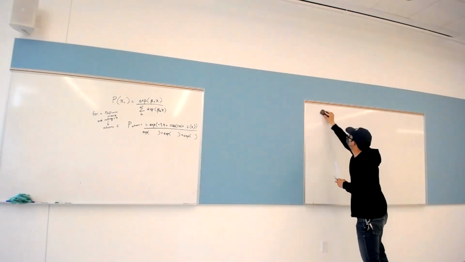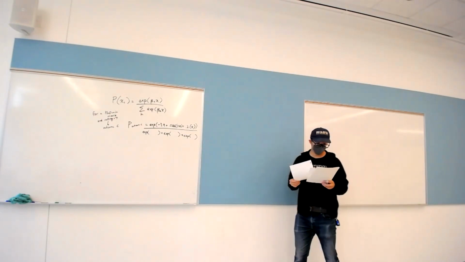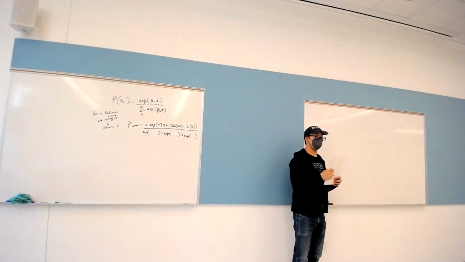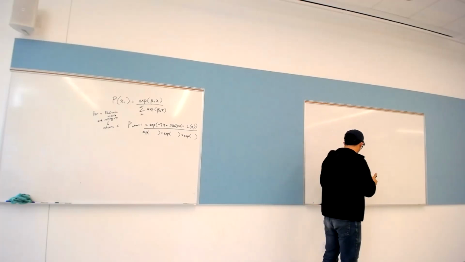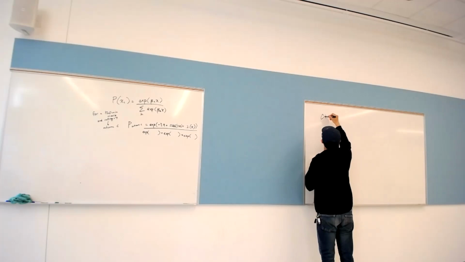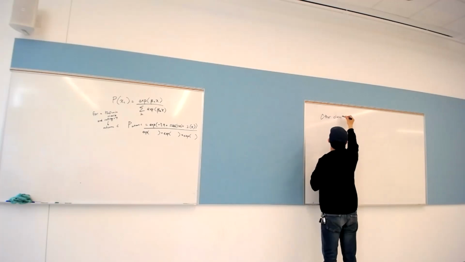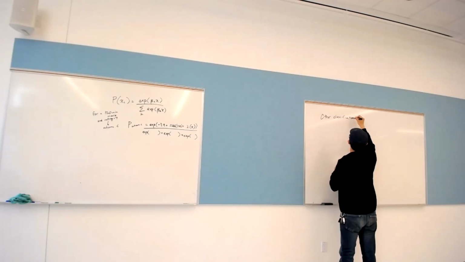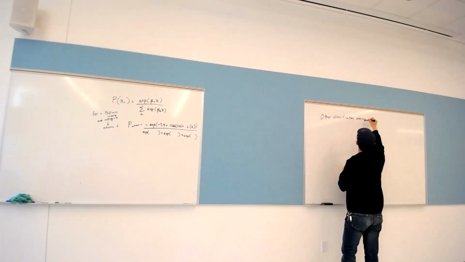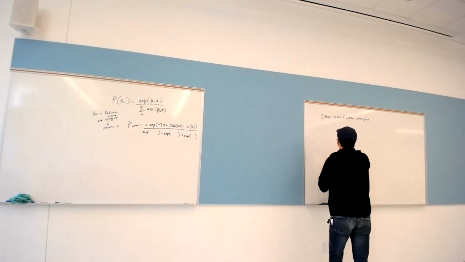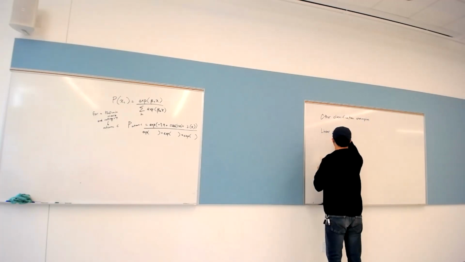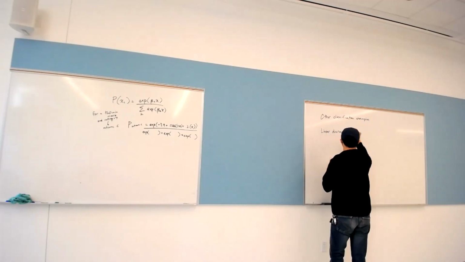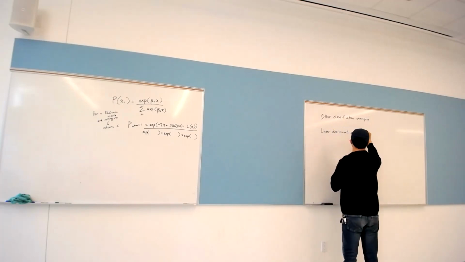We're going to look at two other examples of classification as alternatives to your multinomial logistic. The first is known as linear discriminant analysis, also known as LDA.